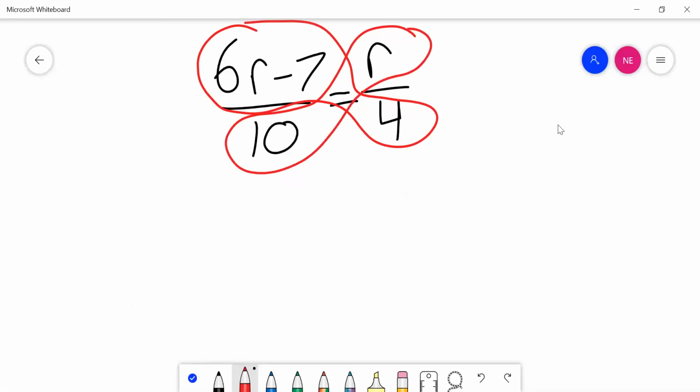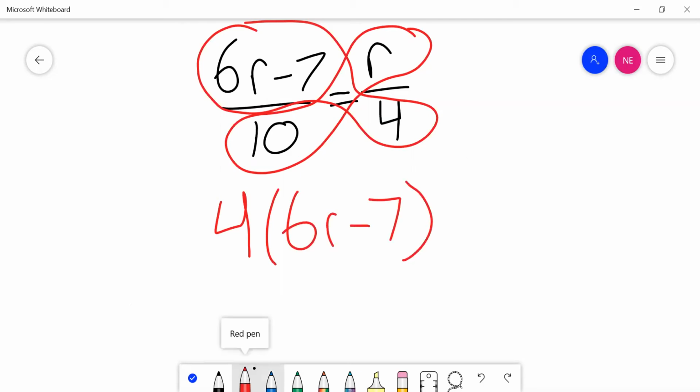And when you do your first step, you would have to do how you circled: 4 times 6r minus 7. So this is called the distributive property. You would use it for a lot of math equations, but we're using it for this one now.